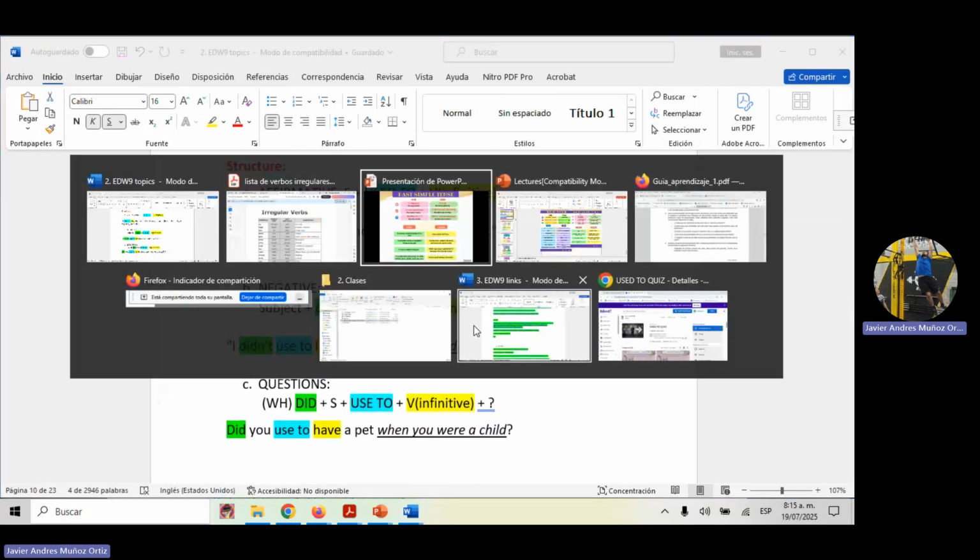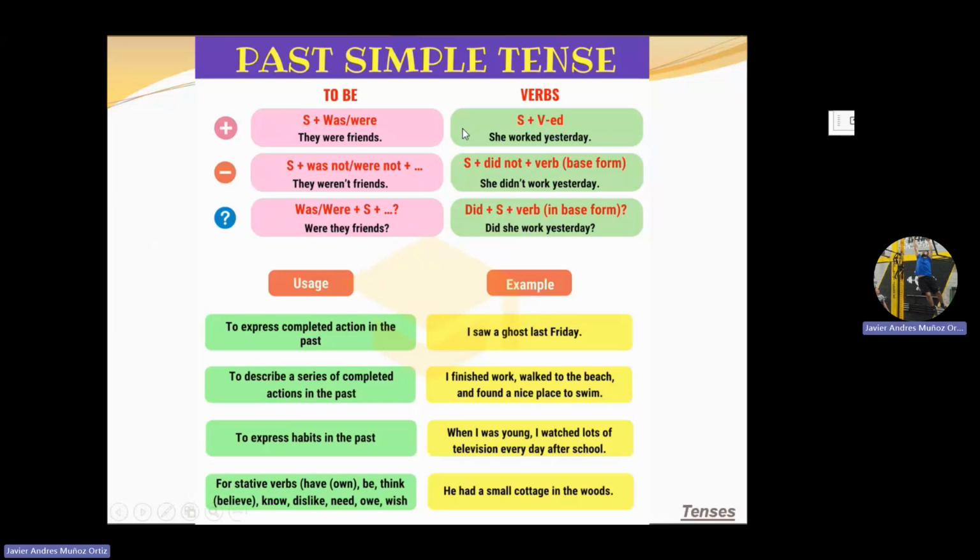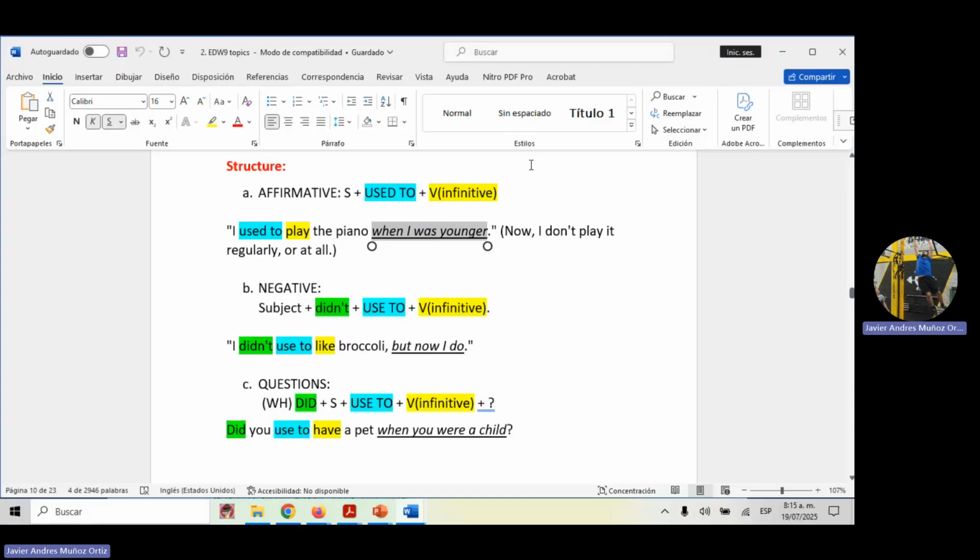What about negative sentences? Do you remember that in simple past tense, we use the auxiliary verb did not or its contraction didn't, and then we use the main verb in its base form, or in its infinitive form? Well, we are going to do something similar here. We're going to use did not or didn't, the contraction, used to as the main verb, but once again, if we mention the translation, we would say like "nosotros no solíamos."